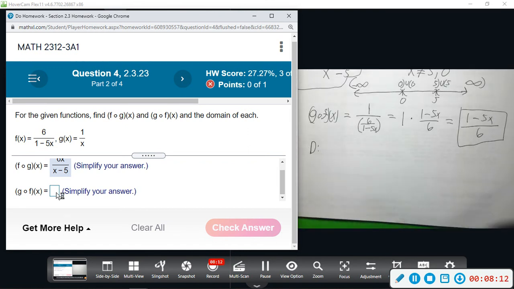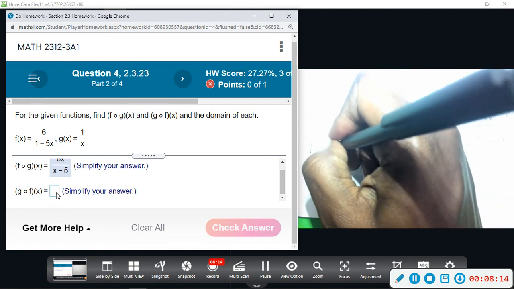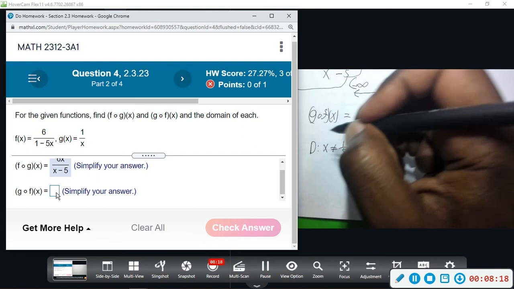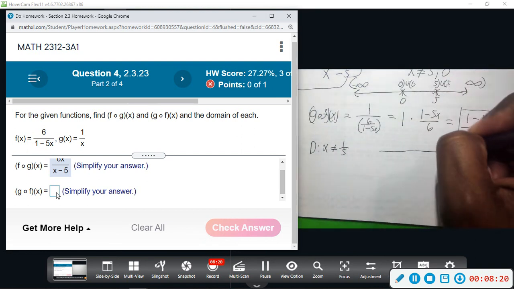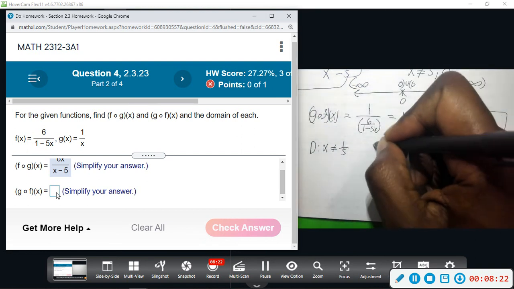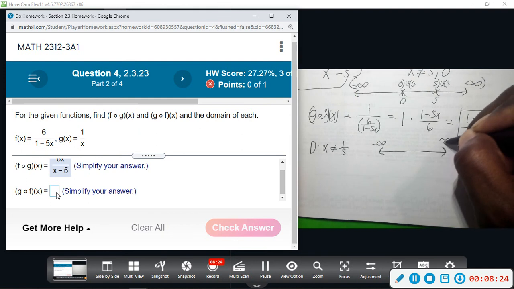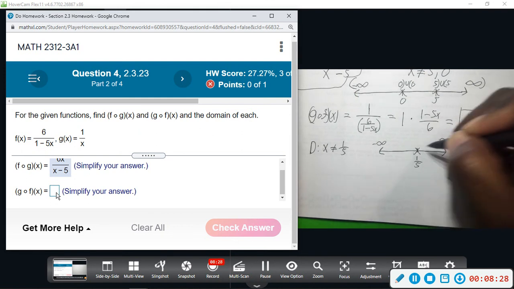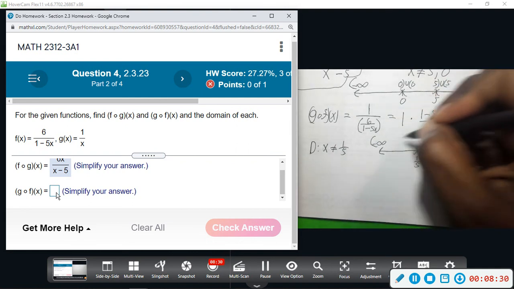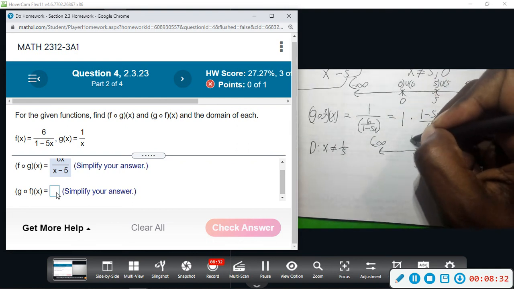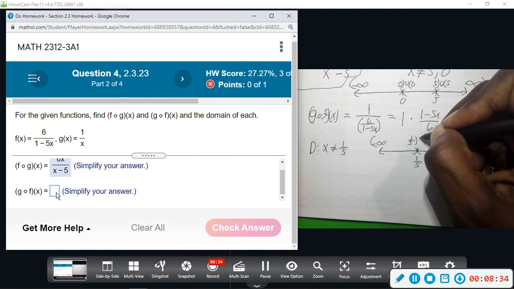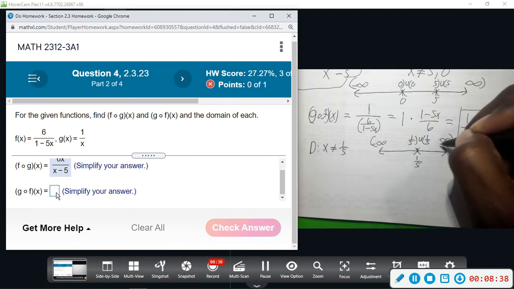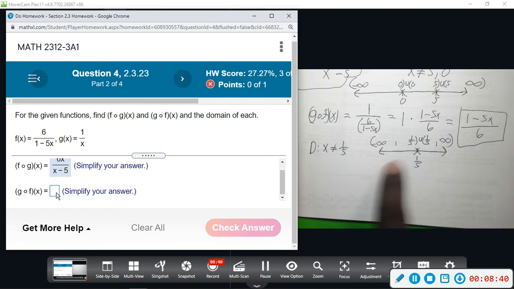So my domain, x cannot be 1/5. So in interval notation, if I do a number line, negative infinity, infinity, 1/5, I will be removing that point, so my interval will be from negative infinity to the left side of 1/5, union the right side of 1/5 to infinity. Okay, so that will be my domain.